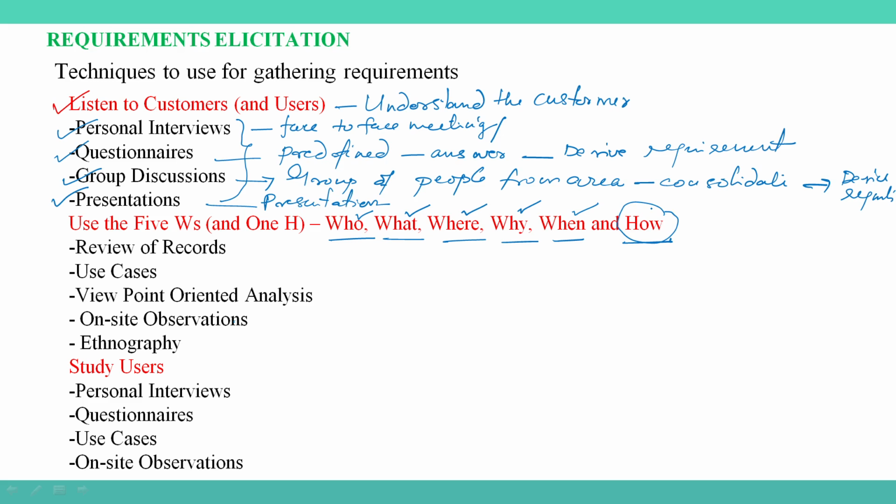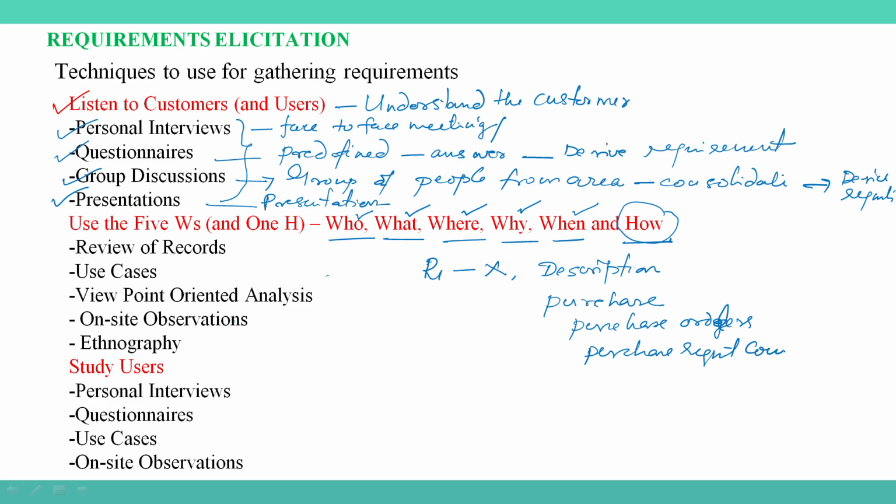Then we will get, okay, suppose you are going for one particular function, that is R1, this requirement. Who is doing? X is doing it. What is to be done? That is the description. Where is it done? It is done in purchase. Why is it done? For generating purchase orders. When is it done? When a purchase request comes, we will do purchase orders.